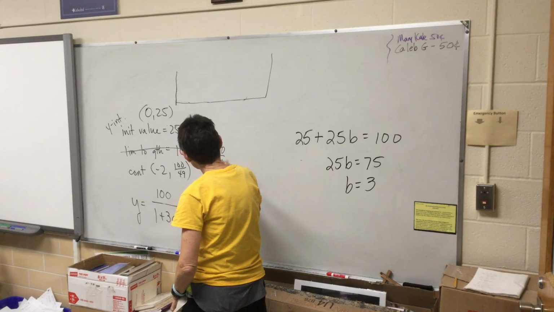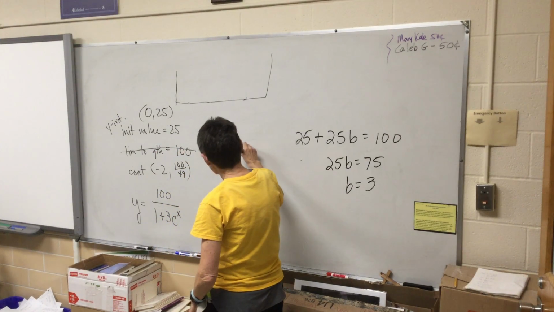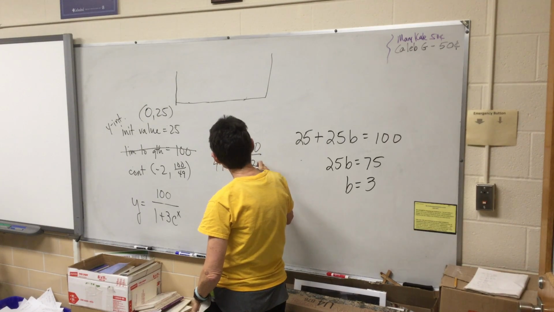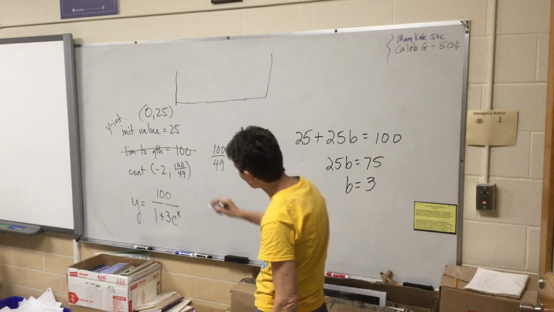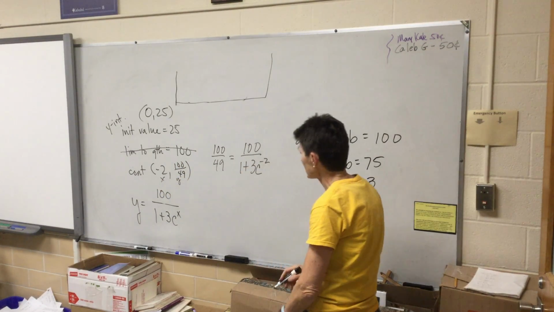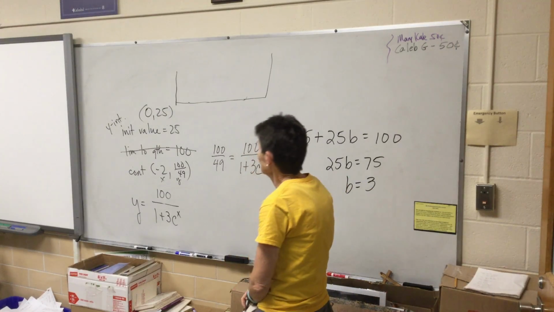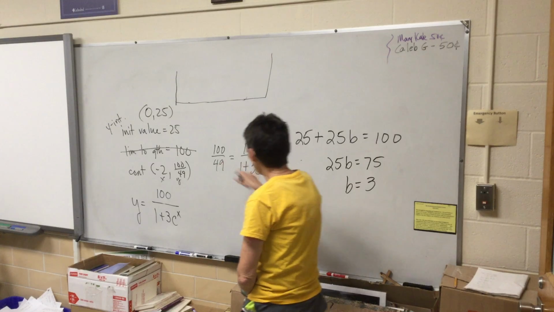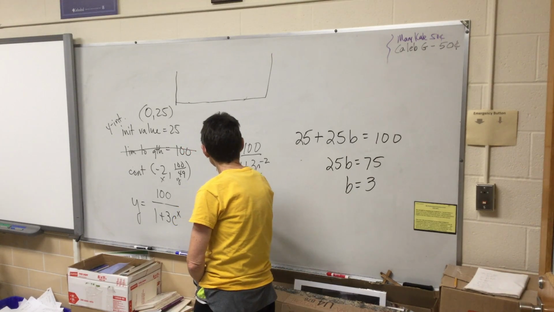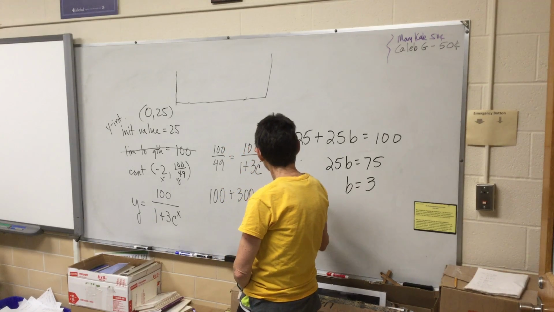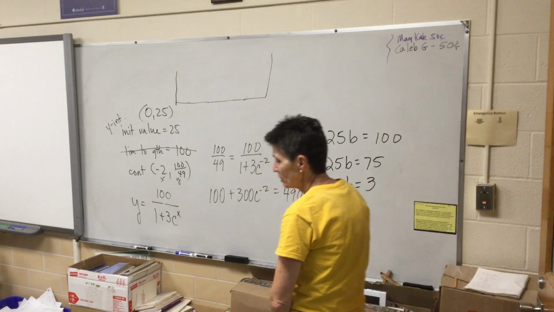So 149ths equals 100 over 1 plus 3c to the negative second. Remember, x comma y. So you're putting in 149 for y and negative 2 for x. Now I'll cross multiply. I'm not scared about the arithmetic.